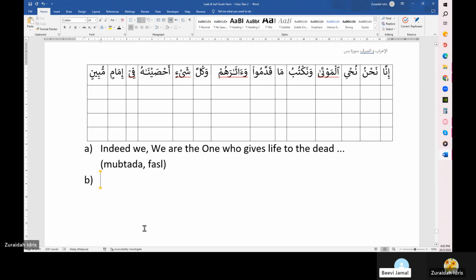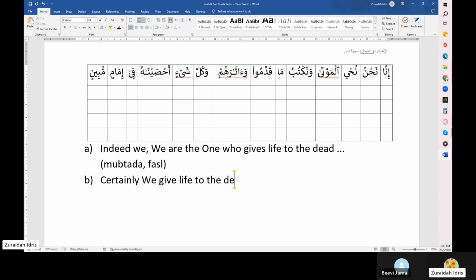If it is tawkid, for emphasis, then it will be "certainly we." We don't have to repeat the we twice because the repetition is meant for emphasis. Certainly we give life to the dead.